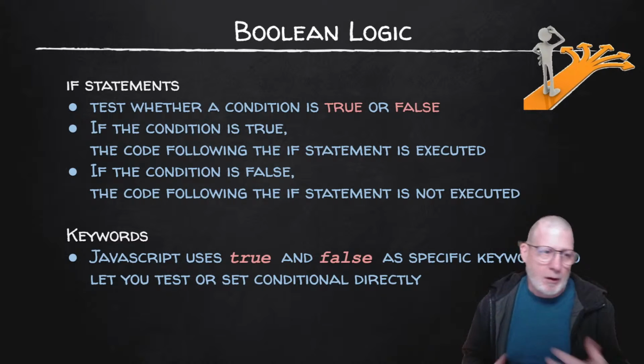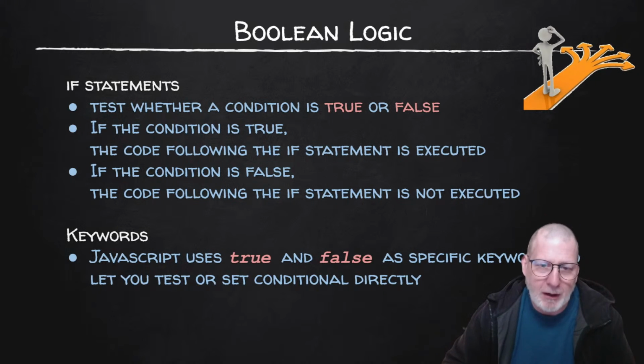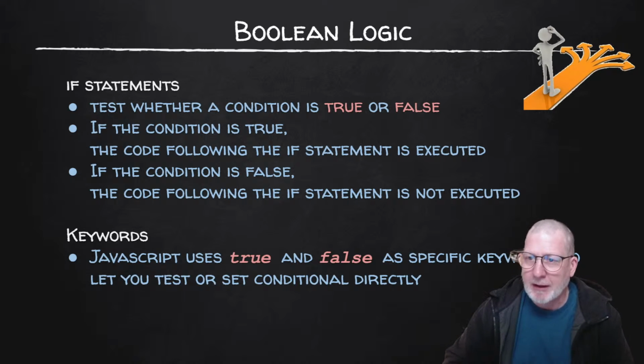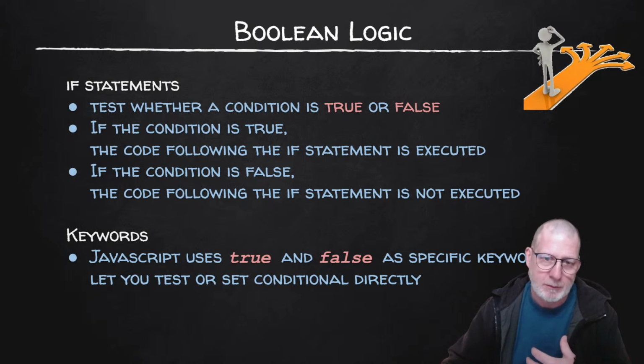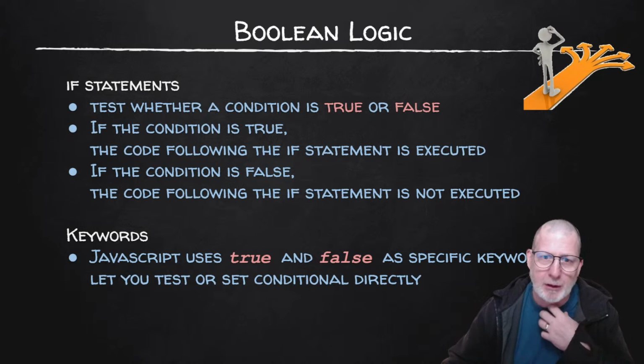Now, that conditional true-false test also requires us to have some ability to manipulate Boolean logic or true-false logic. And that's typically done with the keywords and, or, and not. Is everyone familiar with Boolean logic? You should be pretty close with this, right?